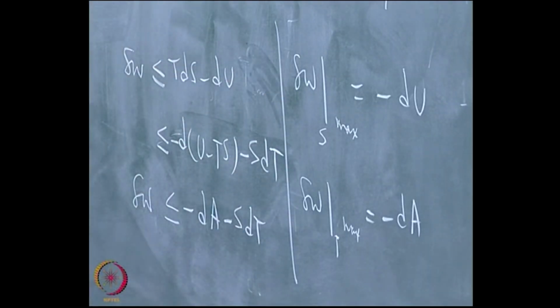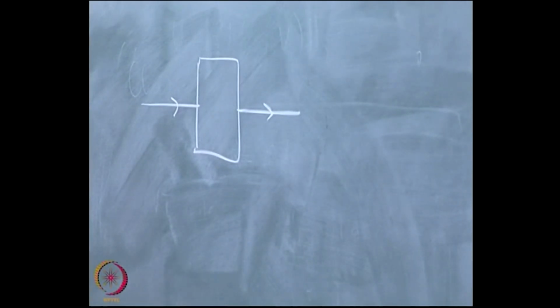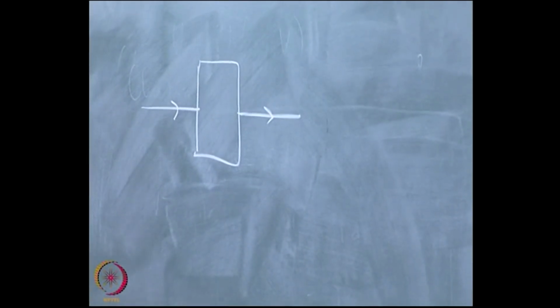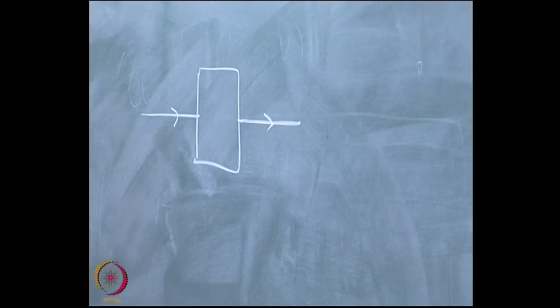I am now going to look at open systems. In an open system, I have something coming in and something going out. Again, thermodynamics only, however complex this may be, all I need is one box and one line in, one line out.